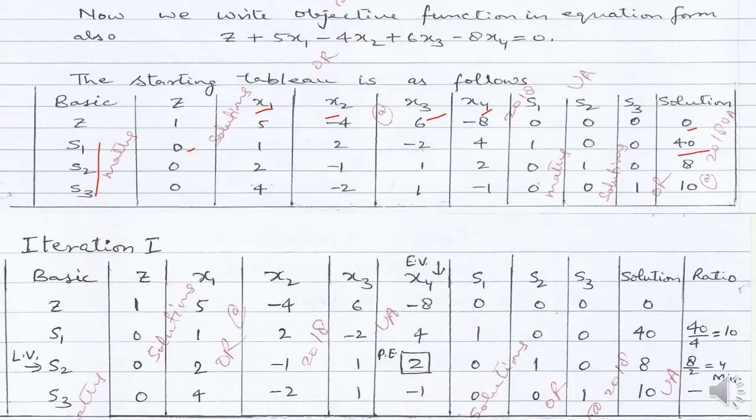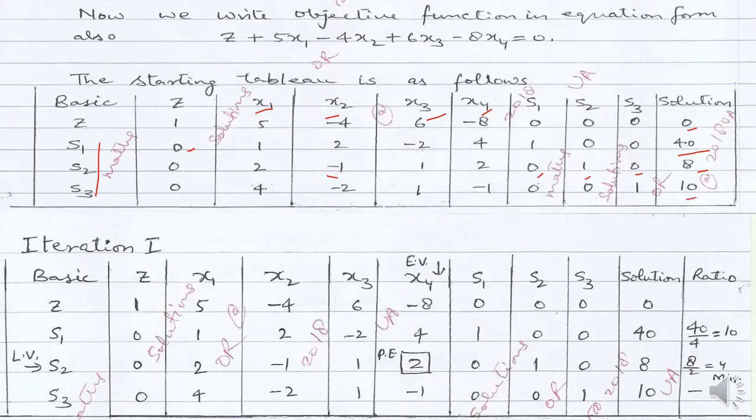In the s2 row, the coefficient of z is 0, the coefficient of x1 is 2, x2 is minus 1, x3 is 1, x4 is 2, s1 is 0, s2 is 1, and s3 is 0, and the right hand side, that is the solution, is 8. Similarly, we can write down the s3 row by writing the coefficients of all the variables, and the right hand side is 10.